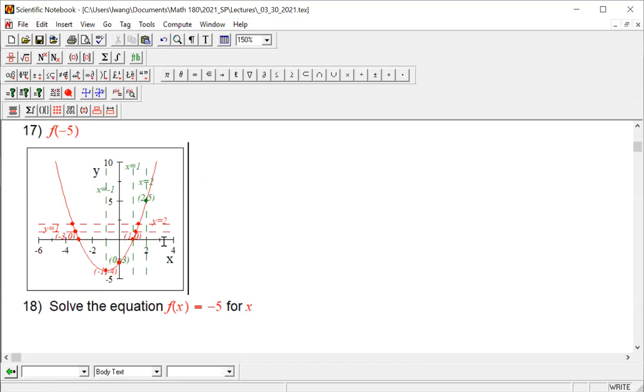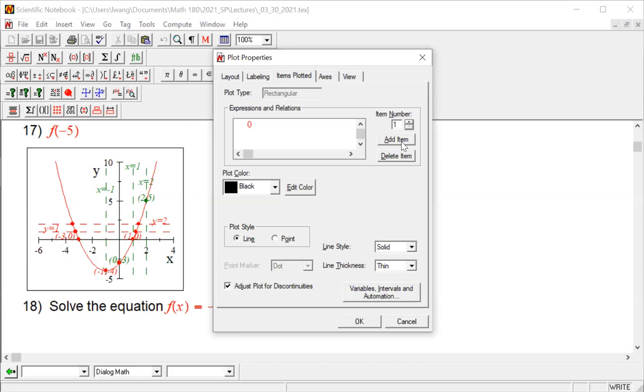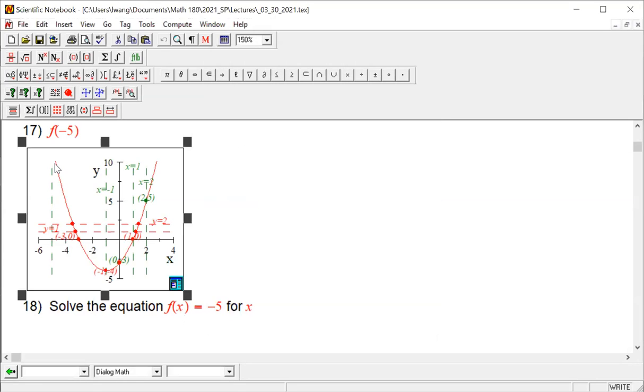When we draw the vertical line, the green, does it touch the y-axis? Does it touch the curve?